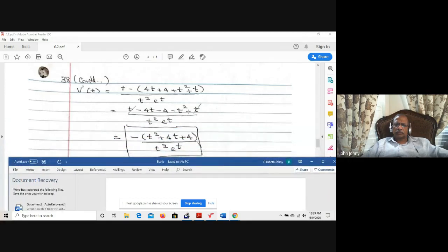Final answer: you may pull out a negative sign, negative (t squared plus 4t plus 4) whole divided by t squared e to the t.